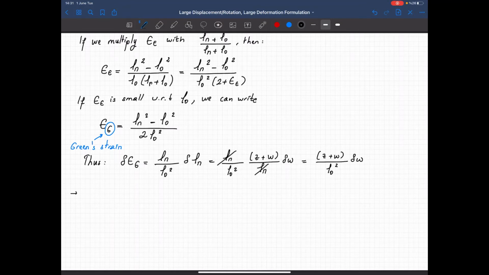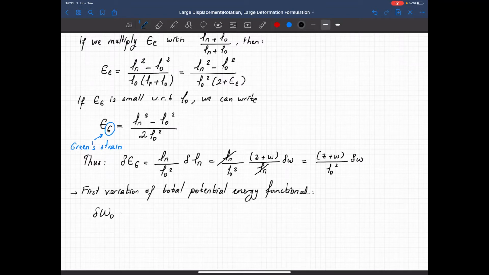Now, the first variation of the total potential energy functional is equal to the stress corresponding to the Green strain, variation in the Green strain, times dV0, we are using the initial volume, minus P times variation in the displacement.